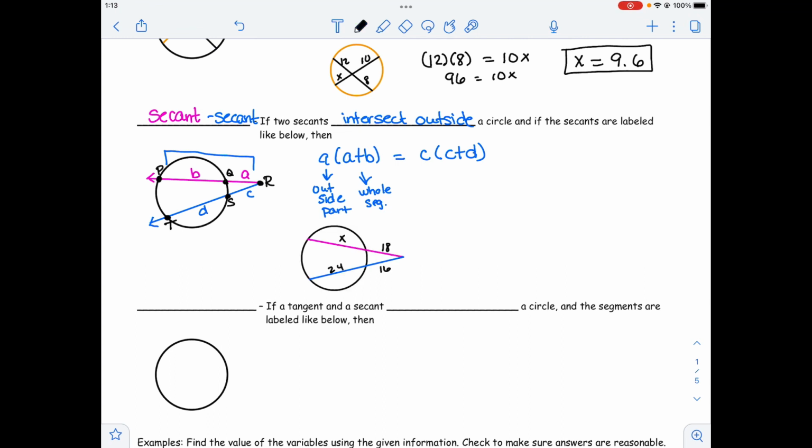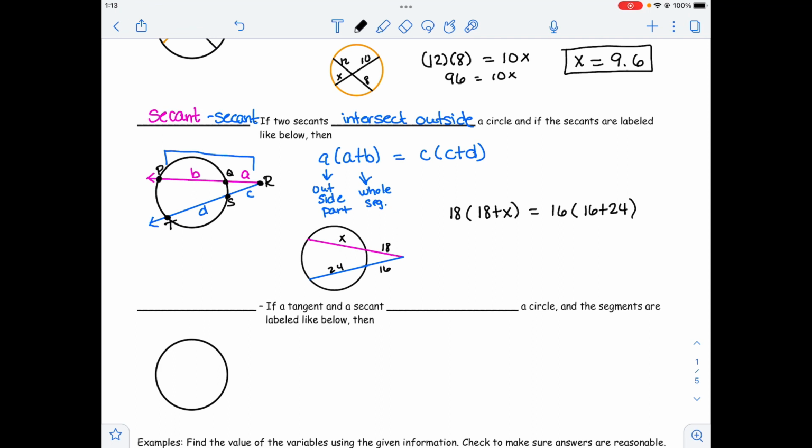In our example here, we again have two secants. So we're going to take the outside part, we're looking at the pink one, which is 18, times the whole, added together. So 18 plus x would equal, the outside part of the blue is 16, times the whole, which is 16 plus 24.